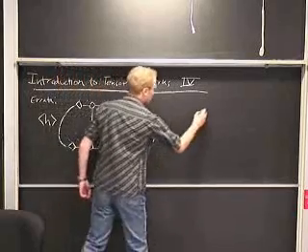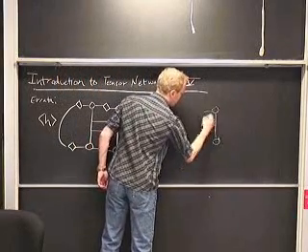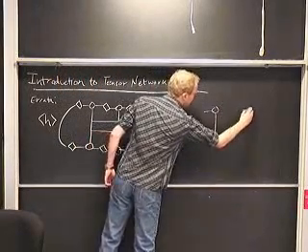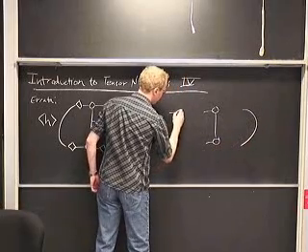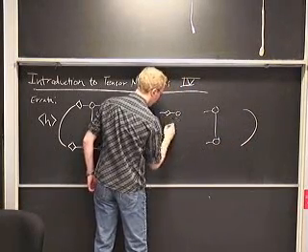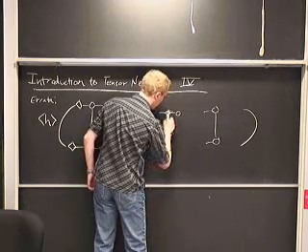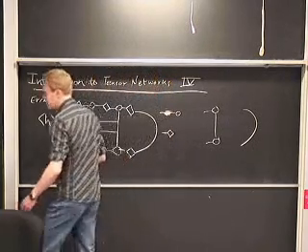It's pretty easy to see why, because if you start at the edge, then these reduce to the identity, and then, oops, got that the wrong way around already.